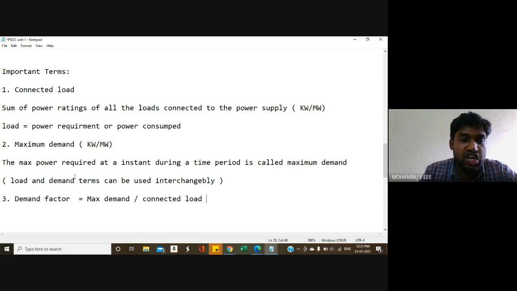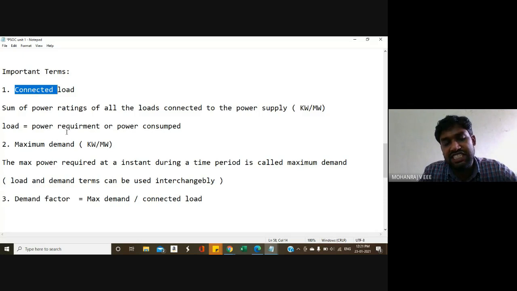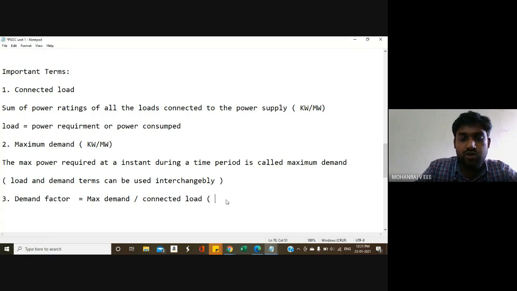We know the definitions of maximum demand as well as connected load. Does it have any unit? No, it doesn't have any unit, because maximum demand has a unit of watt and connected load has a unit of watt, so watt by watt will get cancelled.